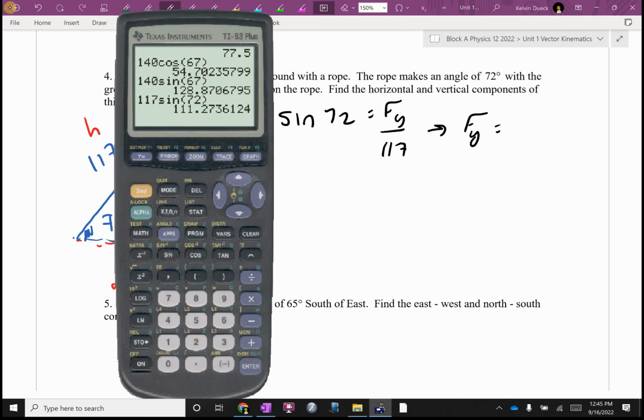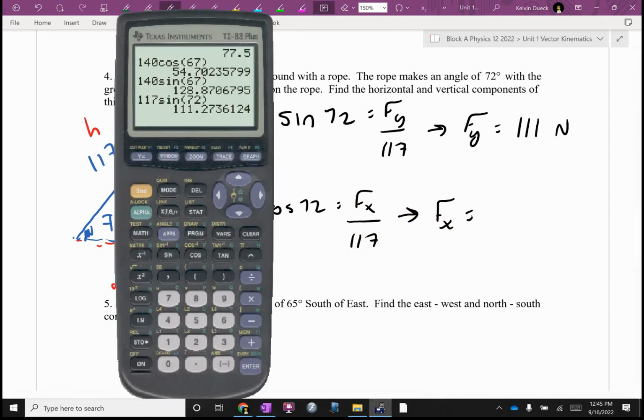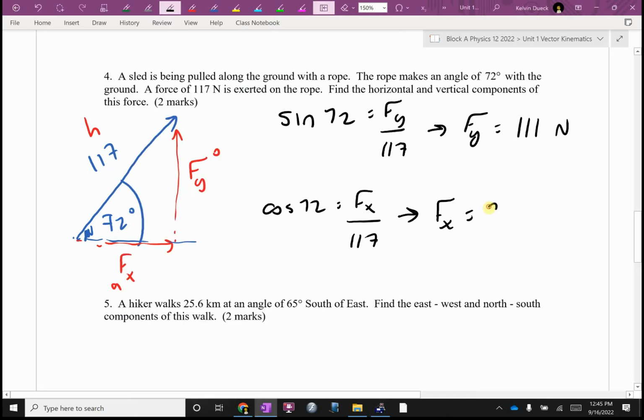And I got 111.3, but I usually go to 3 sig figs in my final answer. Cos 72 is going to be Fx over 117. 36.2. Is that correct? 1 mark for each of those.